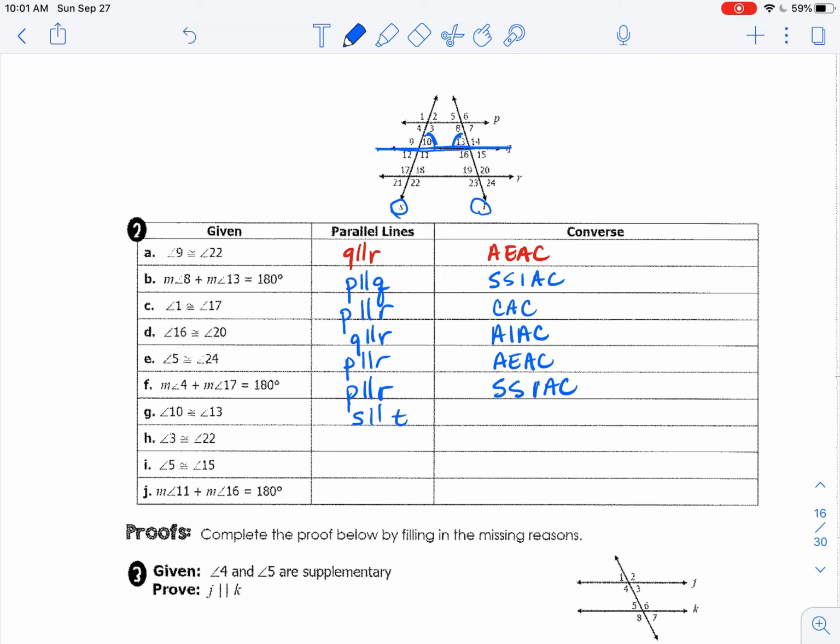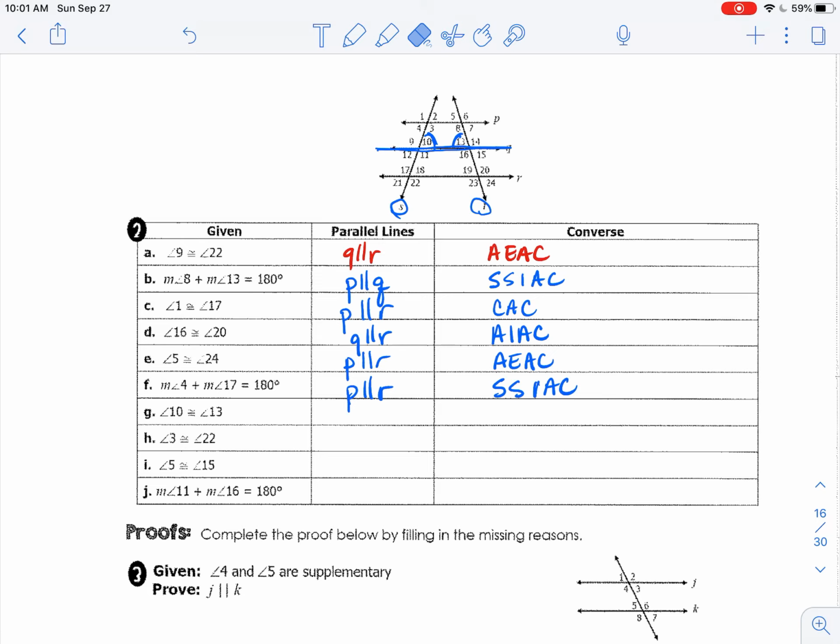And I'm going to back up on that one because I'm going to come back to that one. Let's think about that one. 10 is congruent to 13. I've got my transversal.